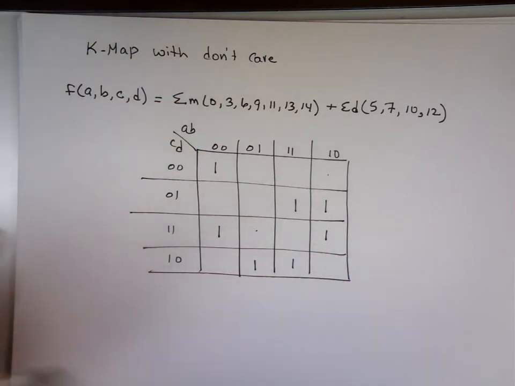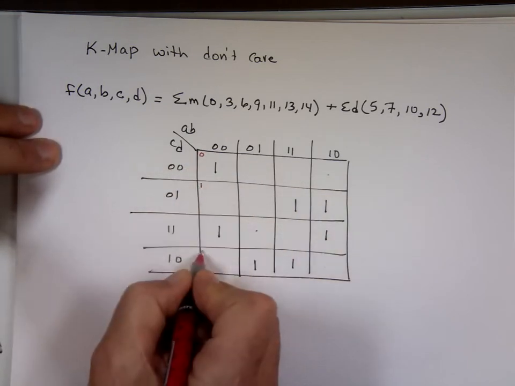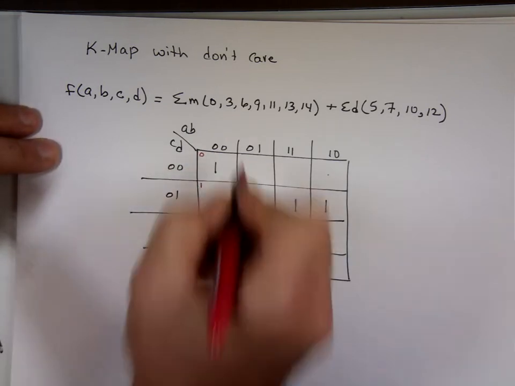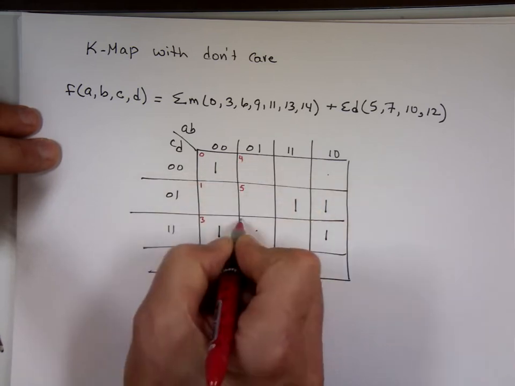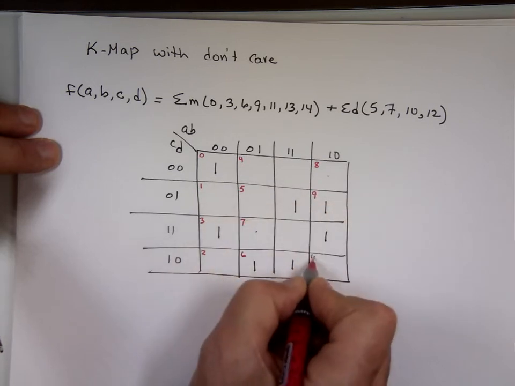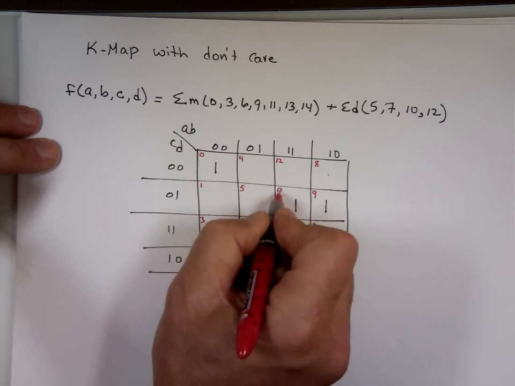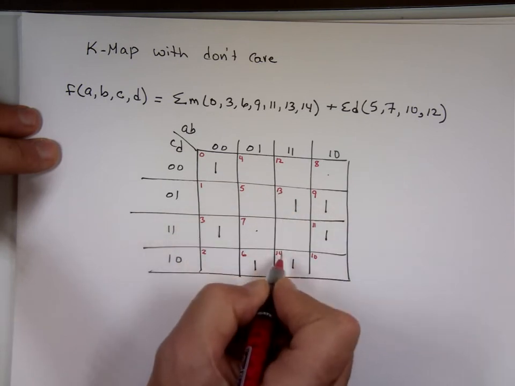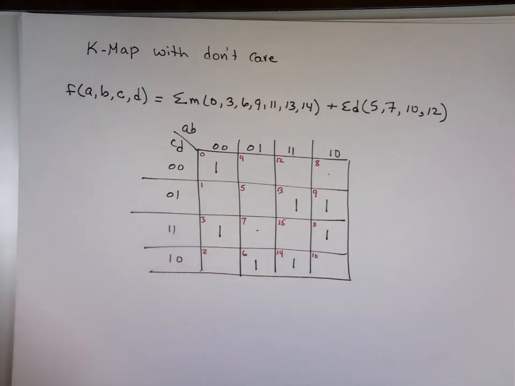Again, this is location 0, 1, 2, up to 15. So hopefully I get the ones in every location.